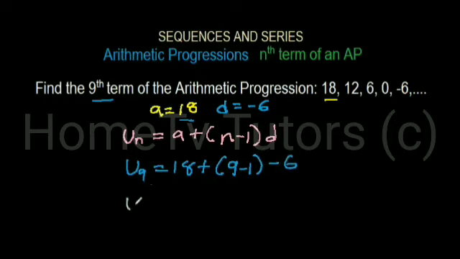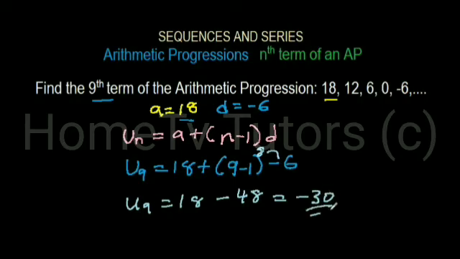Now we simplify further. 18 plus 9 minus 1 is 8, and 8 times minus 6 will give us minus 48. So 18 minus 48 will give us minus 30 as the ninth term of this set of numbers.